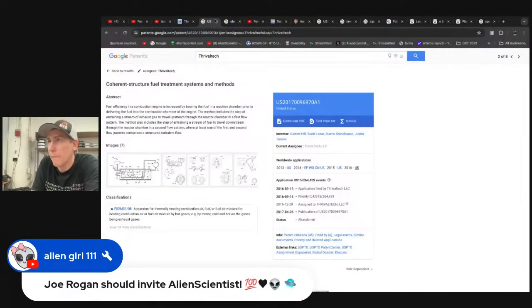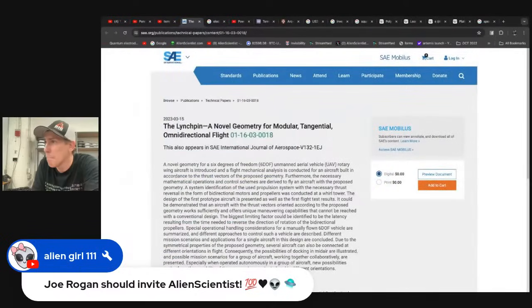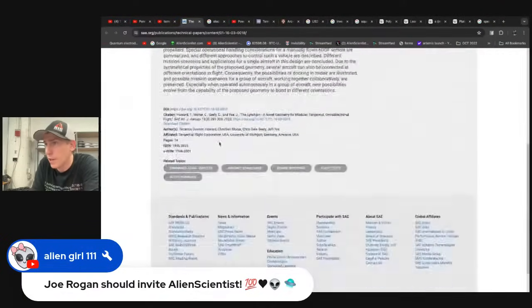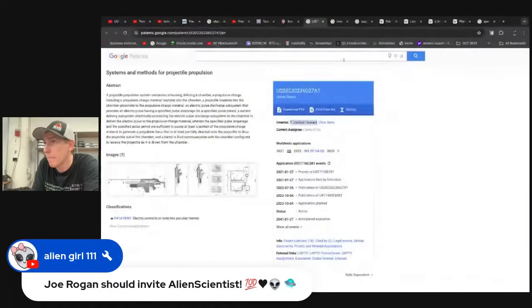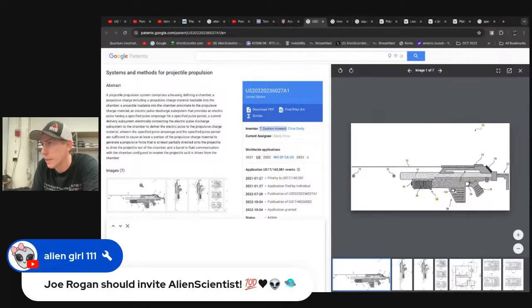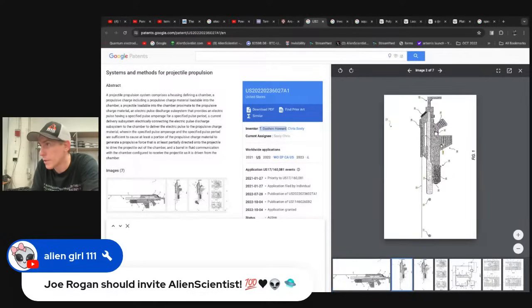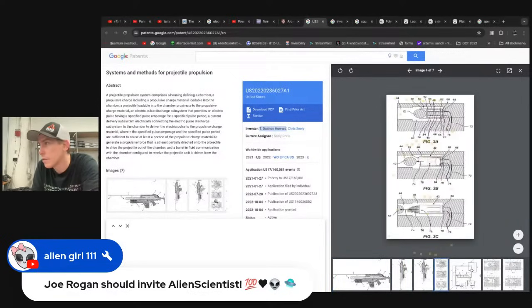We got these, the linchpin for omnidirectional flight. For these, we've got the systems and methods for projectile propulsion. So he talks about this projectile propulsion. This is a propulsion patent that I could find, and this is like a gun. Looks like the damn Eraser, the gun from the movie Eraser.